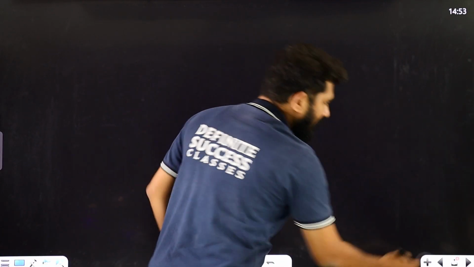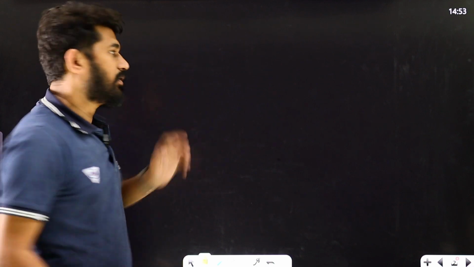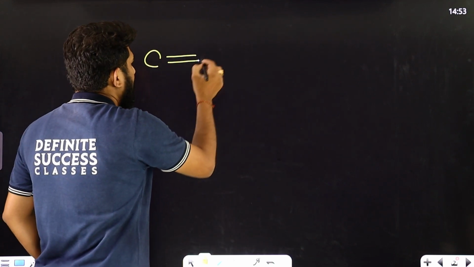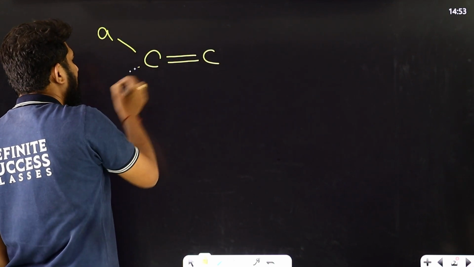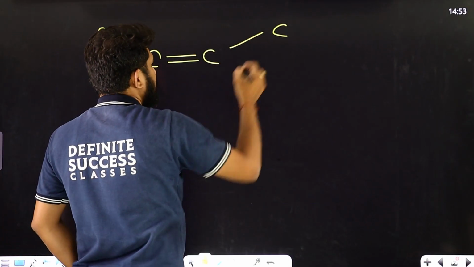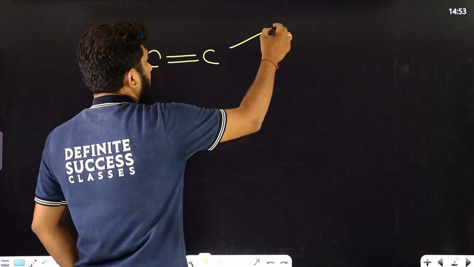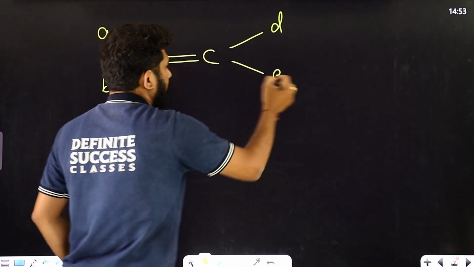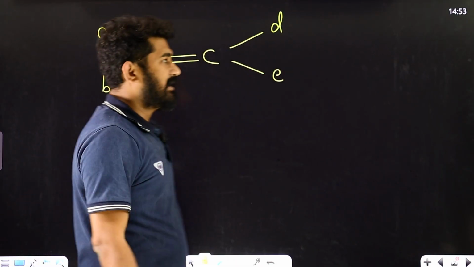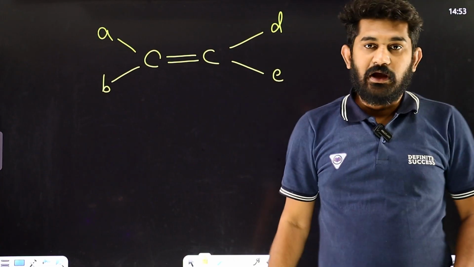Now, what about this different group attached? I am talking about, like we have carbon double bond carbon, A being attached to B here and D being attached to E, where A, B, D and E are some different elements.